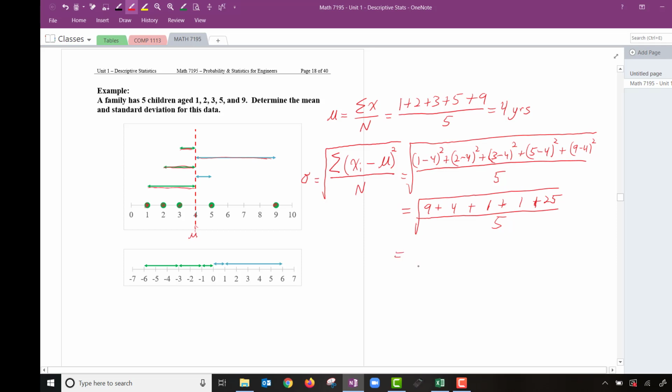So that's the square root of 40 over 5, which is the square root of 8, which is, I think, 2.8. So the average distance any one of my kids is away from the mean is roughly 3 years. In this case, I think it's better to say 2.8 years.